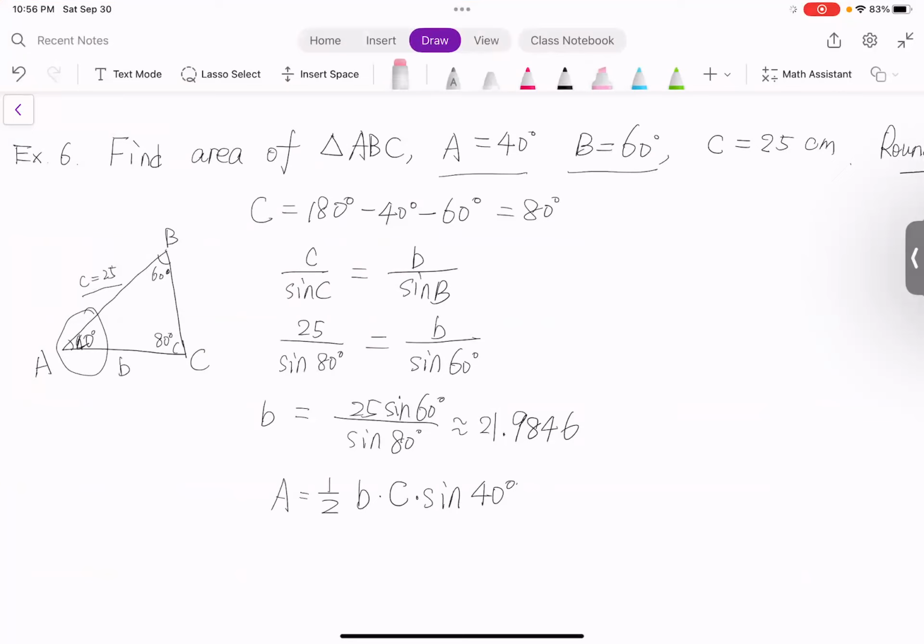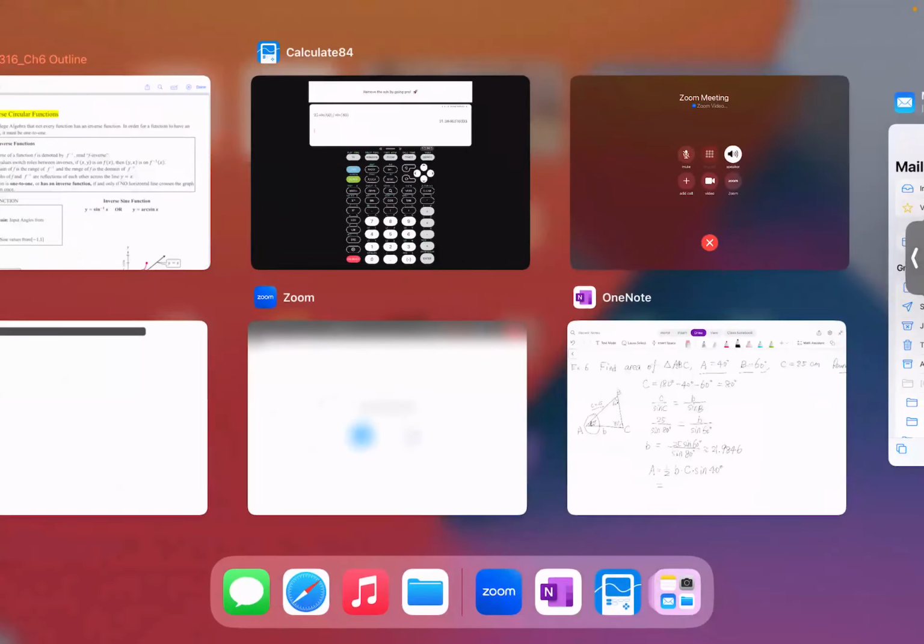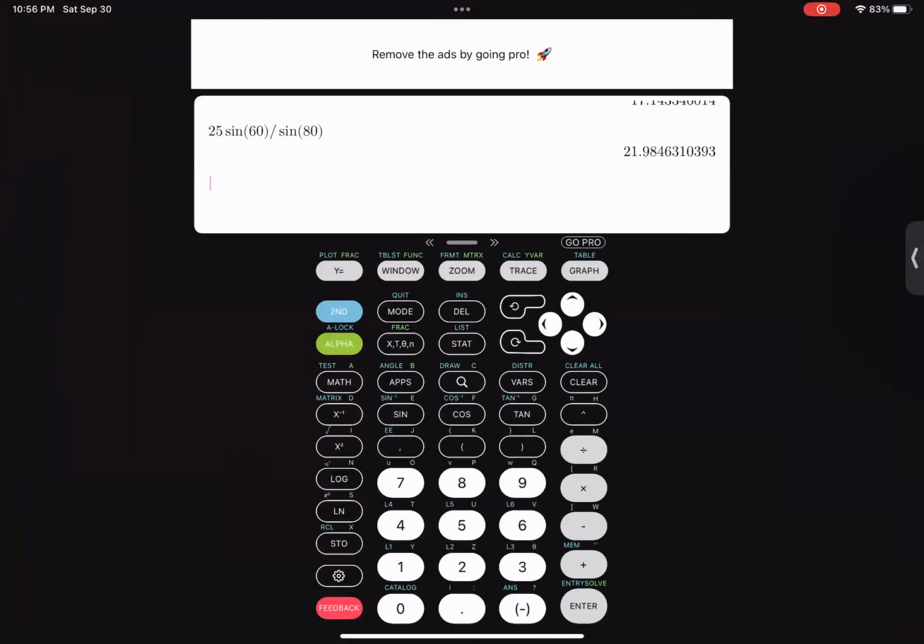So let's find the value. It equals 1/2 times B times C. So that's 1 divided by 2 times B. What is the B? I just found the B in the previous step. I can hit enter and then multiply by C. The C is 25, given, and then multiply by sine.